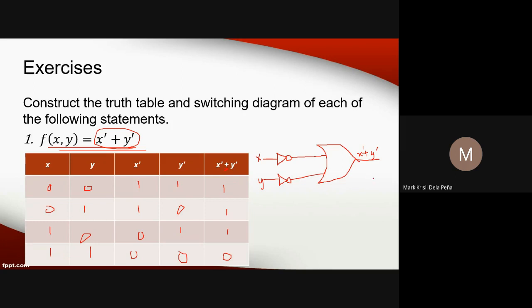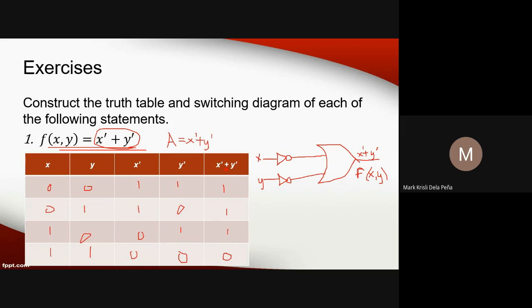Or you can just say this is your function of x and y, assigned as a letter. For example, instead of function of x and y, this is assigned as A is equal to x prime or y prime.